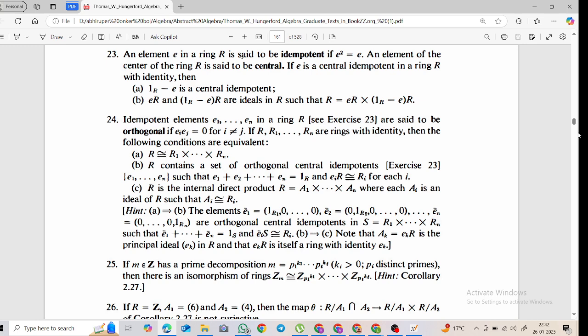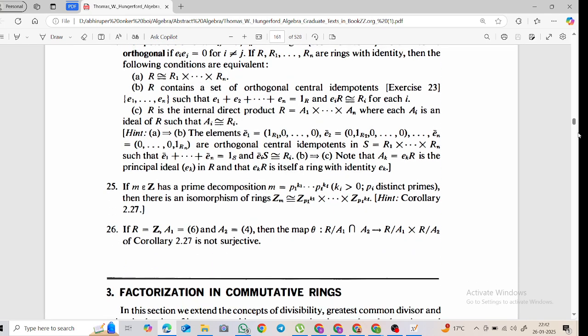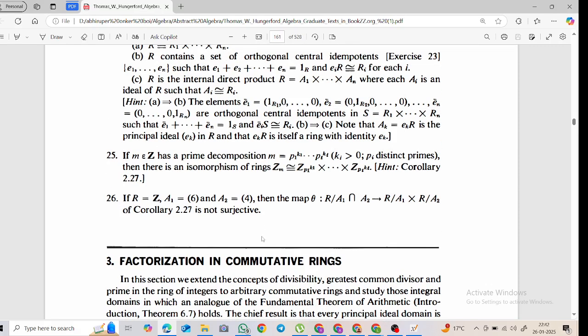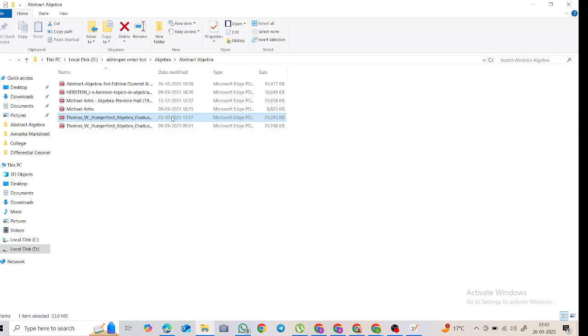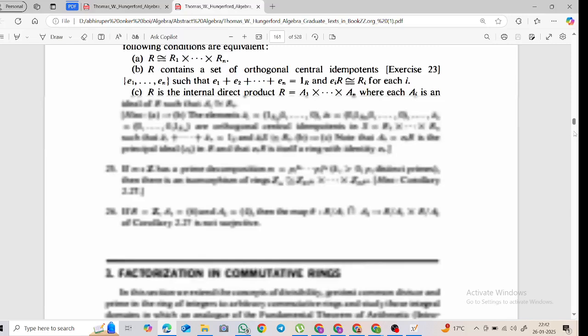Rings with identities in the following conjugations. Twenty-three.